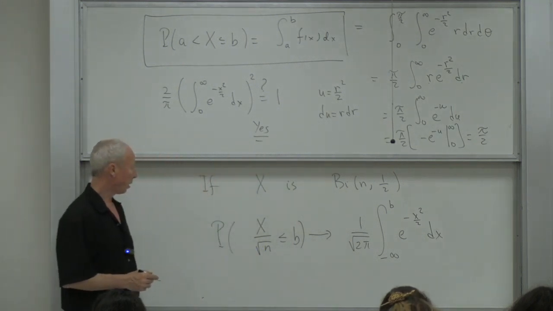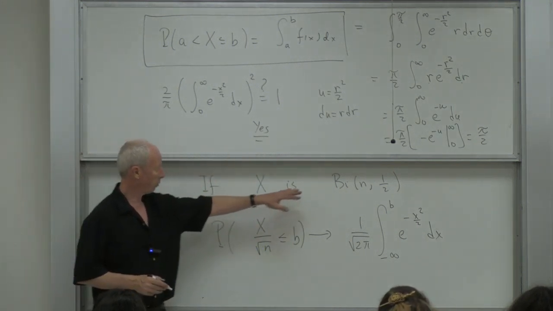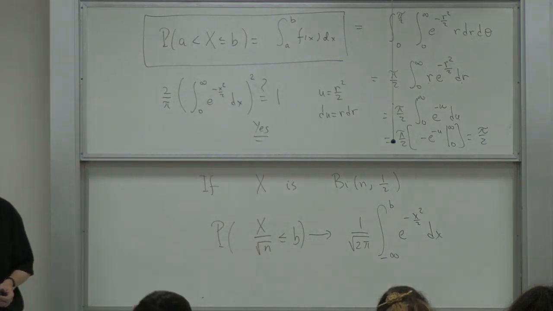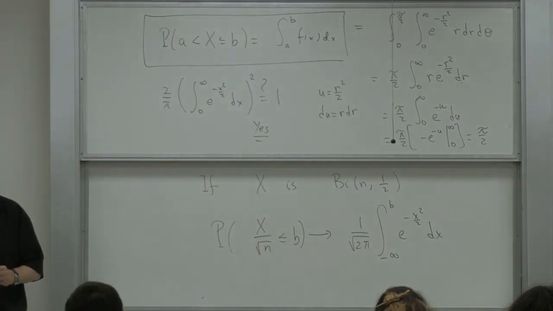In other words, when n is large, a binomial random variable with those parameters, suitably normalized by root n, is essentially a normal random variable. That's called the central limit theorem.